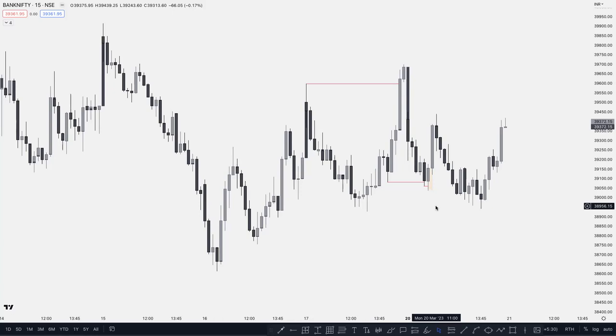And next, unmitigated this one. Previous candle high sweep here, sell here. Previous candle high sweep here, sell here.